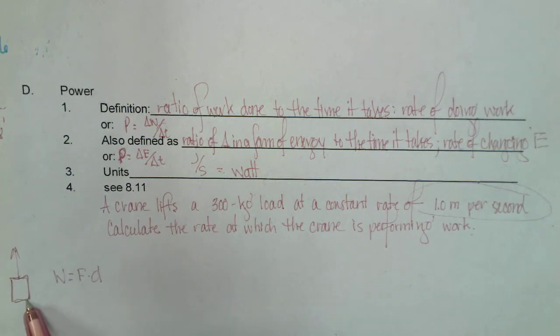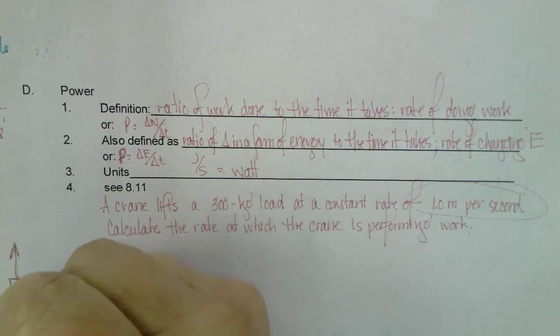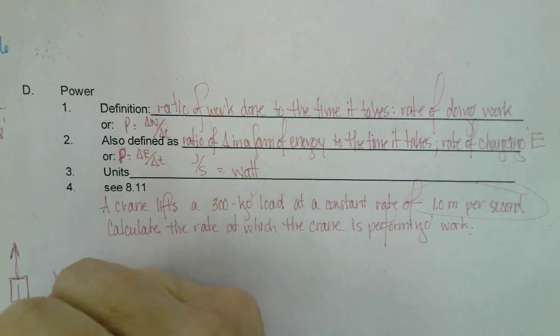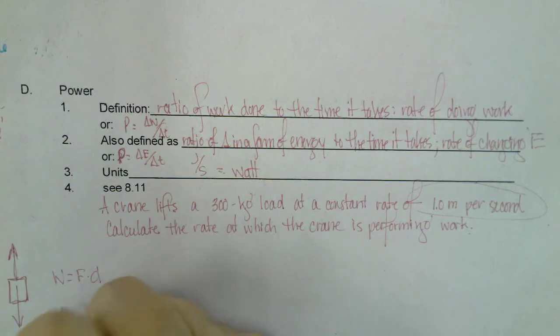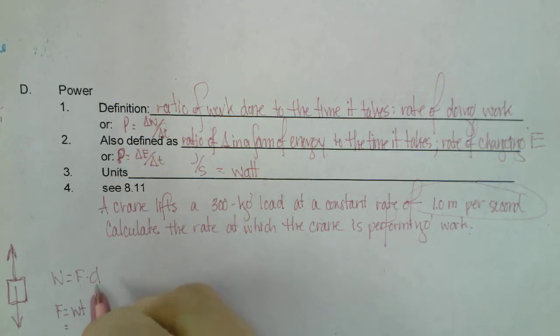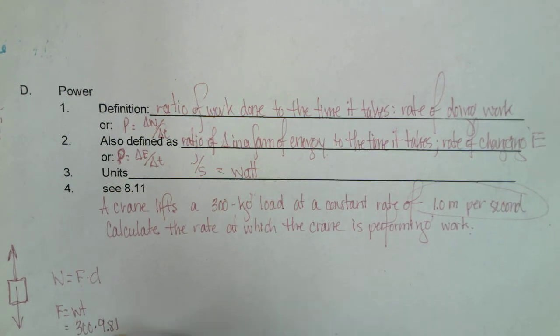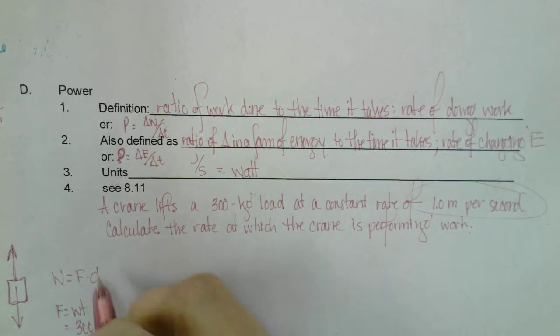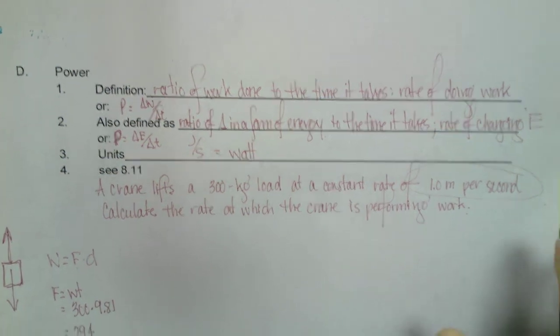If I don't have any acceleration, then the force of pulling it up must equal the force of it being pulled down. So work is equal to force times distance, but the force has to be equal to the weight. Or another way of saying that is the force is equal to 300 times 9.81, which is 2,940. Oops, I'm off the page here, I'm sorry.